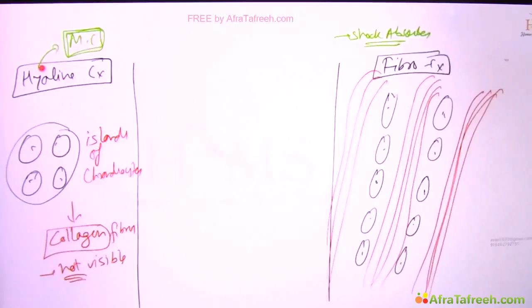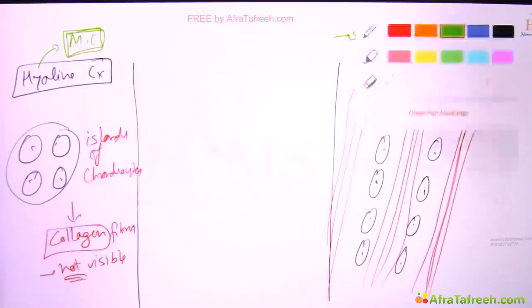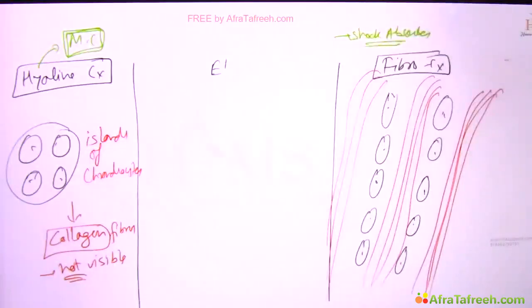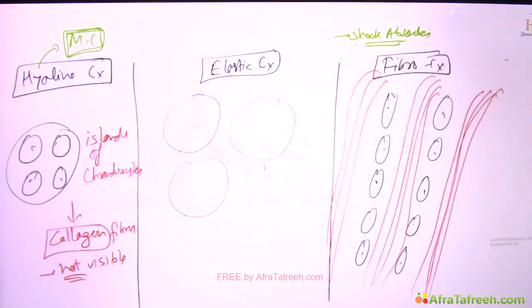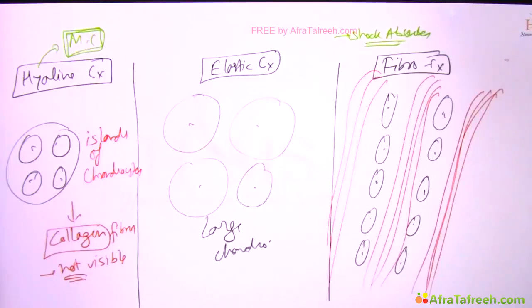And how do you differentiate it from the elastic cartilage? If you want to discuss elastic cartilage, first of all, large chondrocytes. Okay, large chondrocytes. What else? You have some elastic fibers. And how will I identify elastic fibers? They are short and single branching fibers.